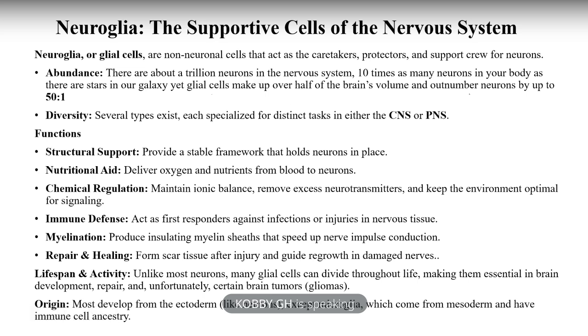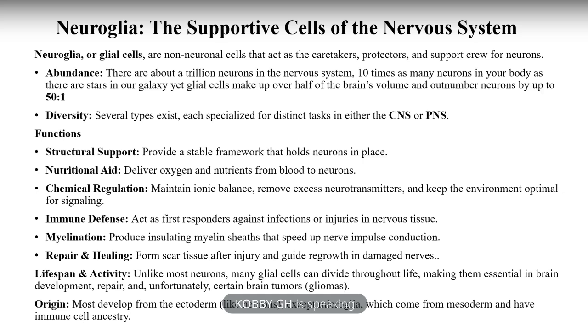So even though we have a lot of neurons, glia cells outnumber neurons at a ratio of 50:1, meaning if you take 50 glia cells in the body, there is just one neuron.